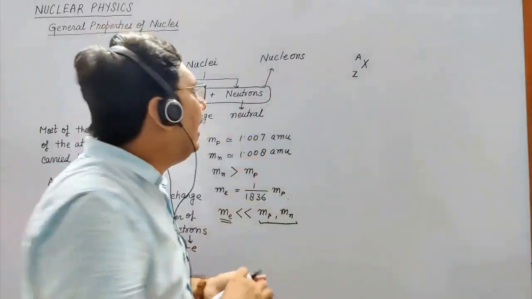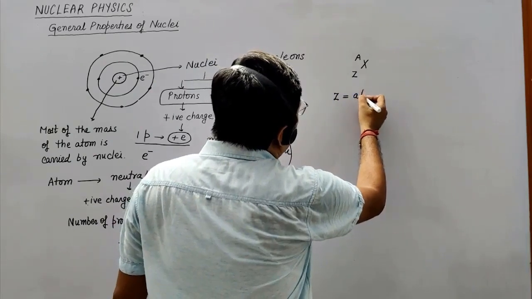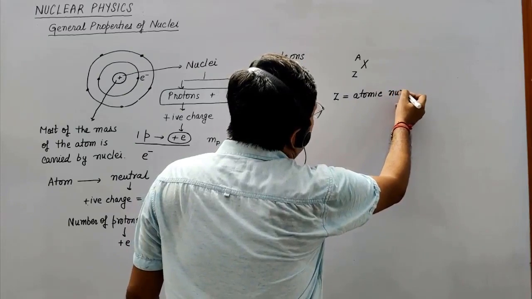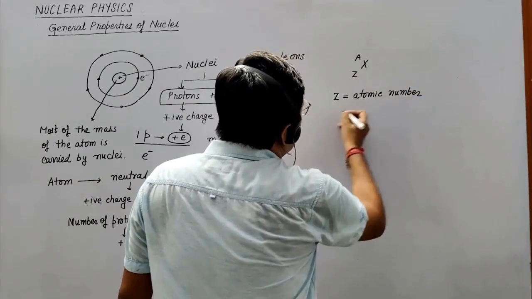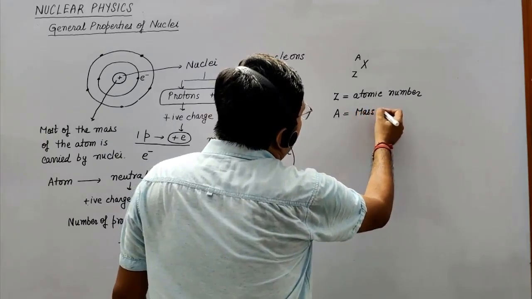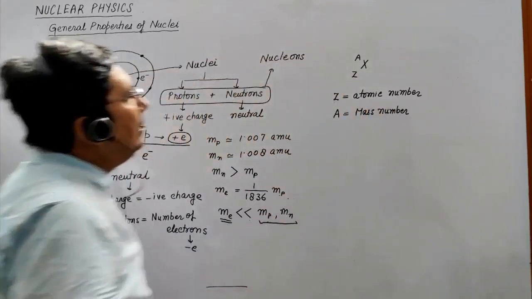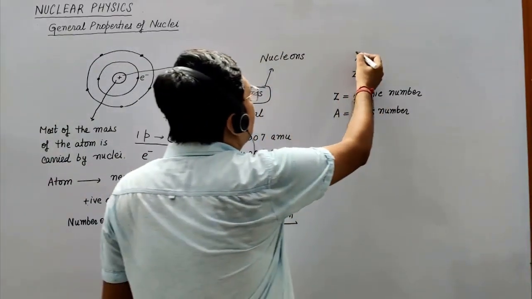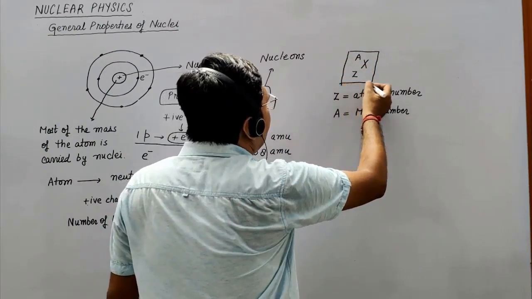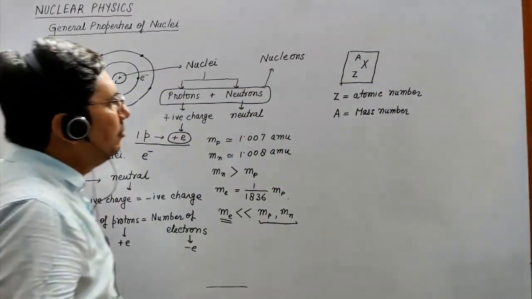Where this Z is known as atomic number of the nuclei, and this A is known as mass number of the nuclei. So basically, a nuclei is represented by ZXA. This is the way to write down a nuclei, where Z is atomic number and A is the mass number.